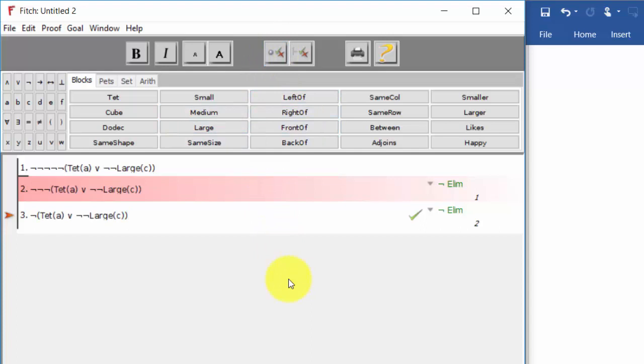And that gives us the proposition that it's not the case that A is a tetrahedron, or it's not the case that it's not the case that C is large. So the proposition in step 3 is logically equivalent to the proposition in step 1. It follows from it because of that logical equivalence.